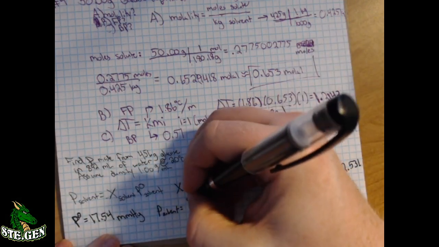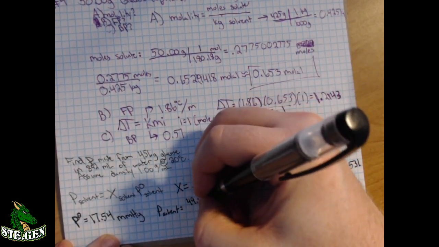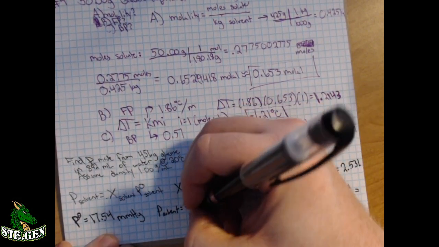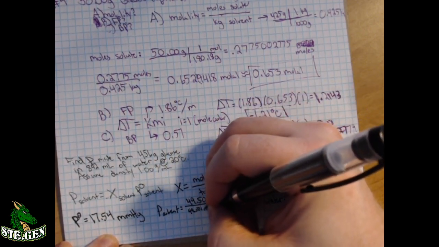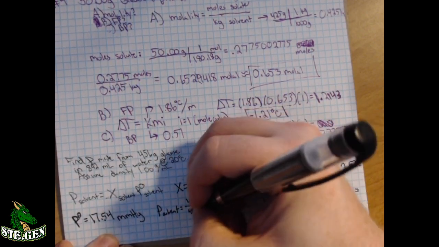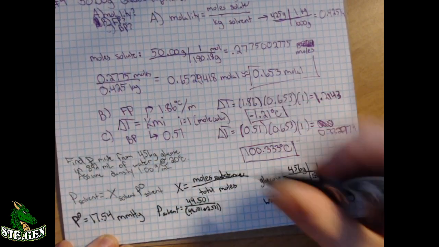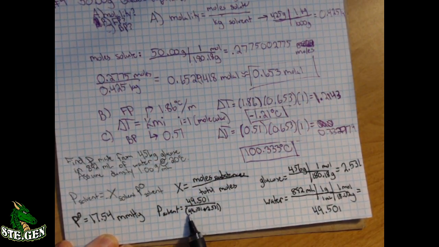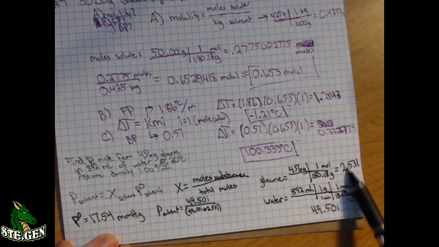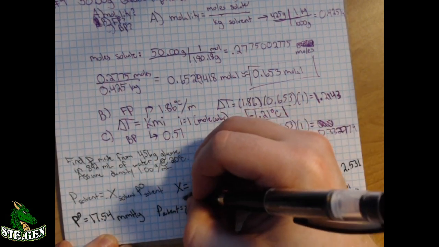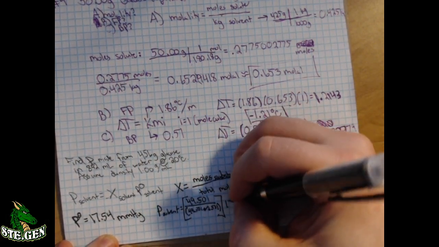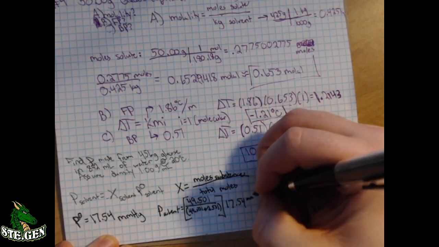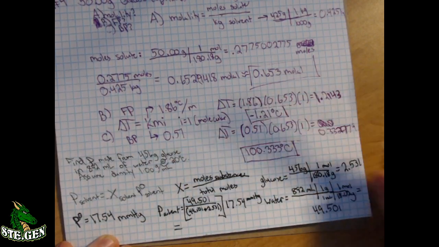So we're going to put 49.501 divided by, in parentheses, 49.501 plus 2.531. So it's just adding these two numbers together to get me total moles. And then I just multiply this number by my initial pressure, 17.54. And that will give you the new pressure.